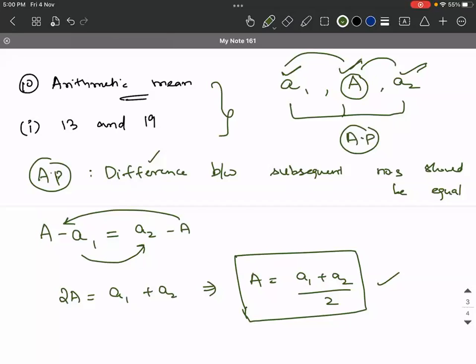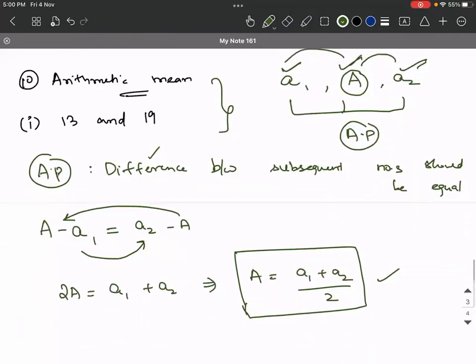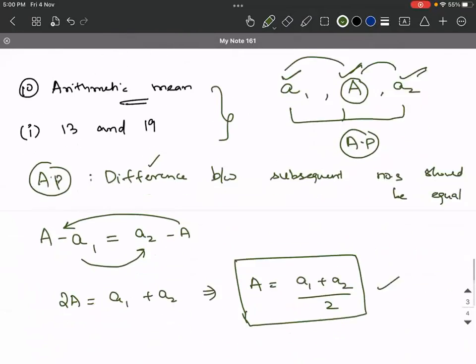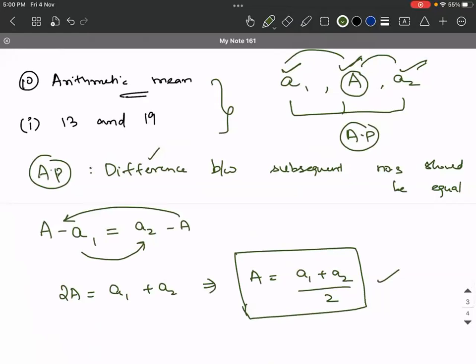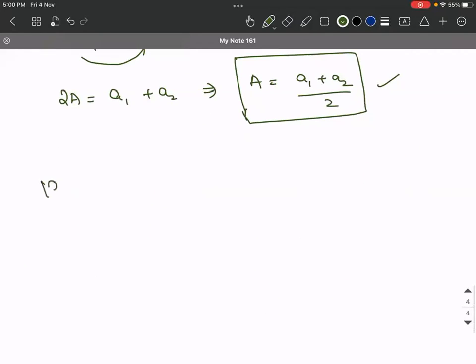Now it is easy. Now you can take this like a formula itself. So what you people told is right. The arithmetic mean of 13 and 19 is going to be 16. Why is it so? When you insert the 16, look at the sequence. Is it forming an arithmetic progression?